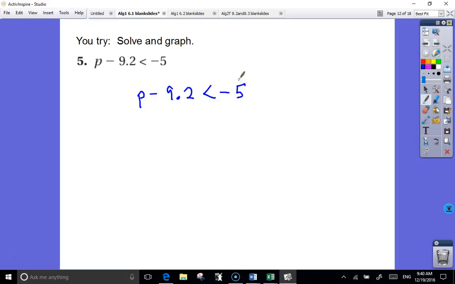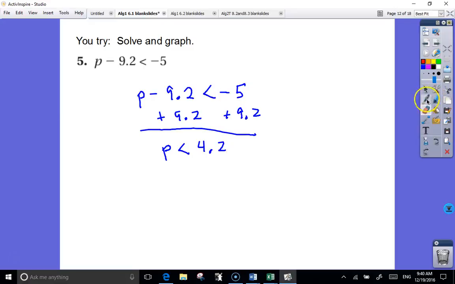Okay, what do you do to both sides in order to solve for P? Felicity? Add 9.2 to both sides. So P is less than, what is negative 5 plus 9.2? 4.2.